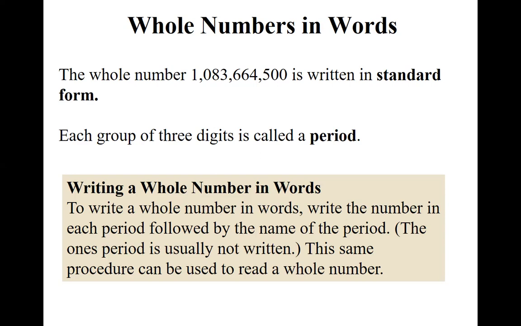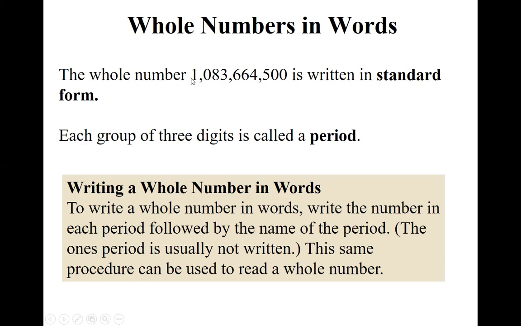The reason I did the second part of this slide first is because this number that it says is written in standard form, I want to be able to say it. So what are our periods? We have the ones period, the thousands period, the millions period, the billions period.